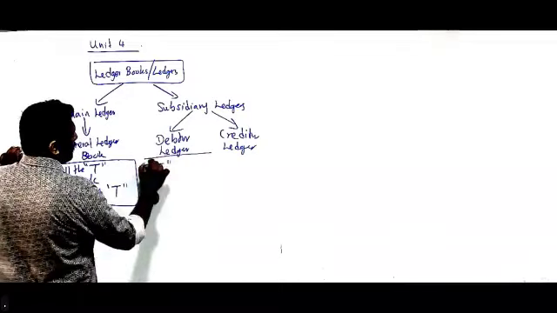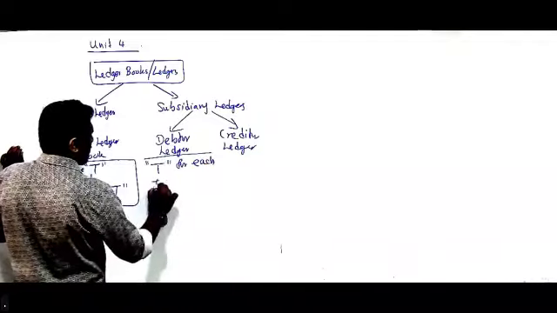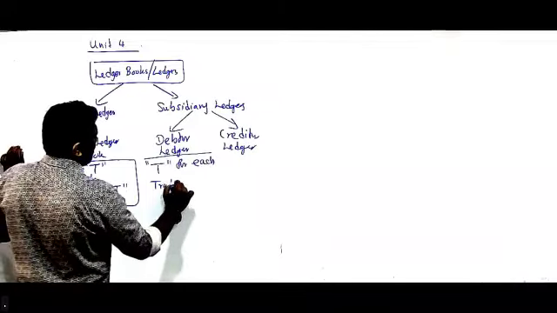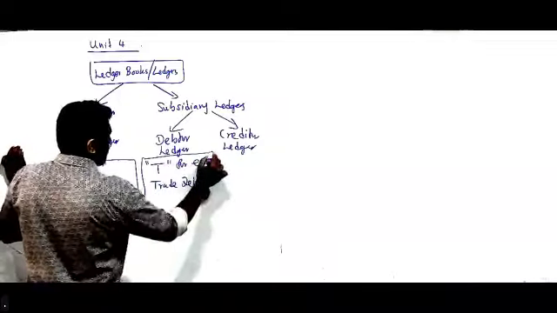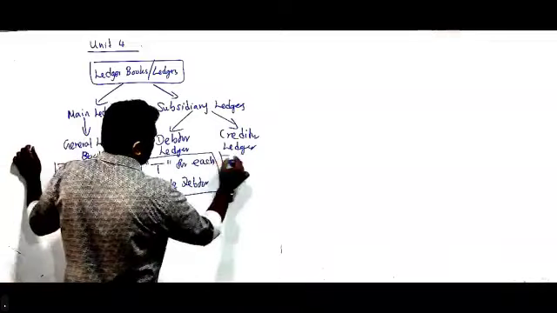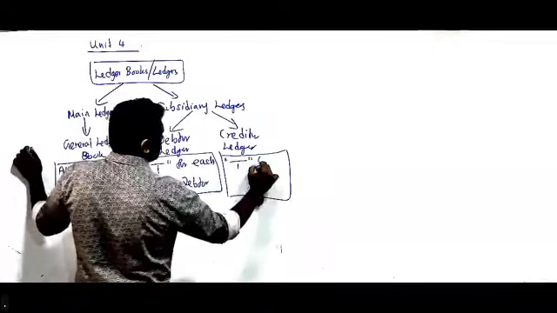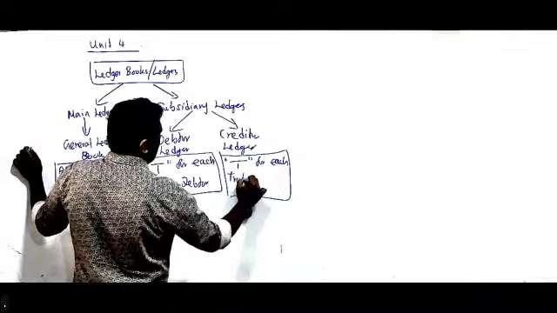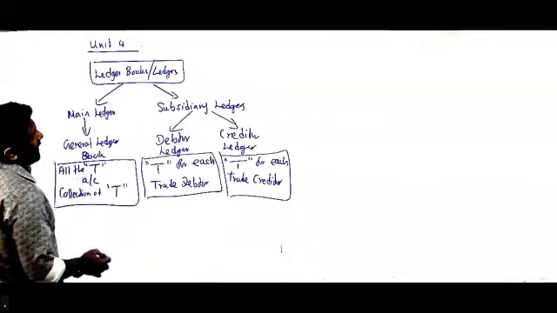T accounts for each trade debtor. In the creditor ledger, what do you have? T account for each trade creditor.